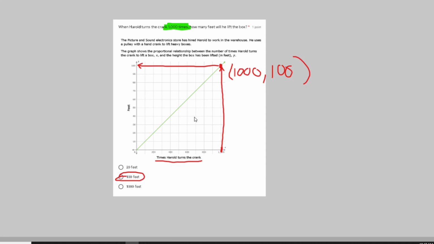Right? In each case, it looks like Harold has to turn the crank. Let's see, if you divide this by 10, that's going to give us how many feet it rises. And that's what you're going to see for these. Right? If you crank it 200 times, it's going to raise 20 feet. 200 divided by 20 is 10.